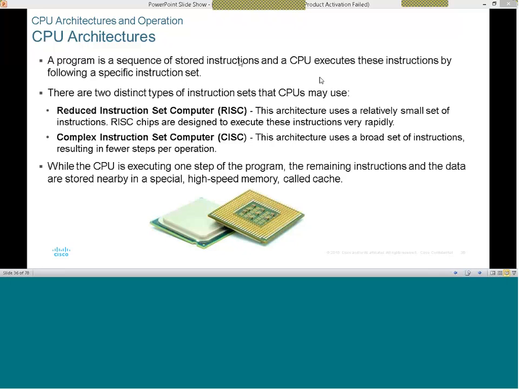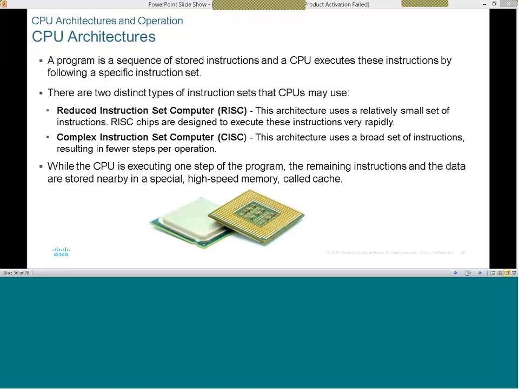So it's either using the reduced instruction set computer, or the complex instruction set computer. If it's using the reduced instruction set computer, it will execute instructions very rapidly and very fast. And so that means in an environment where you want execution to be very fast, you're meant to use the CPU with this kind of instruction.